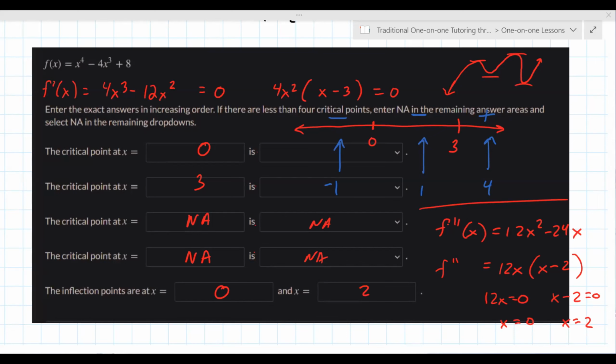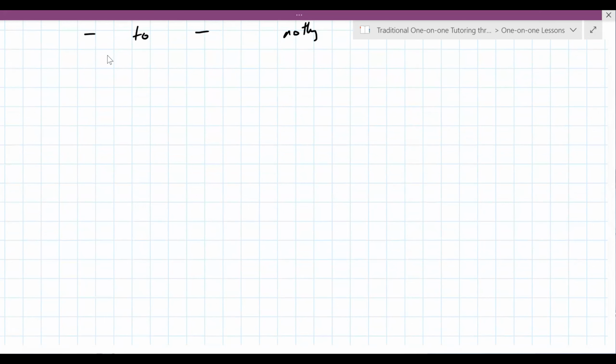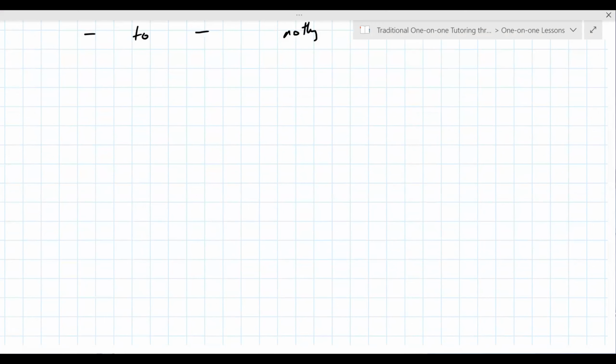How did you get 12x squared minus 24x again? So let's go back to the original thing on the top left here, because that's really what matters. I'm just going to rewrite it down here. Your f of x is, this is given, x to the fourth minus 4x cubed plus 8.